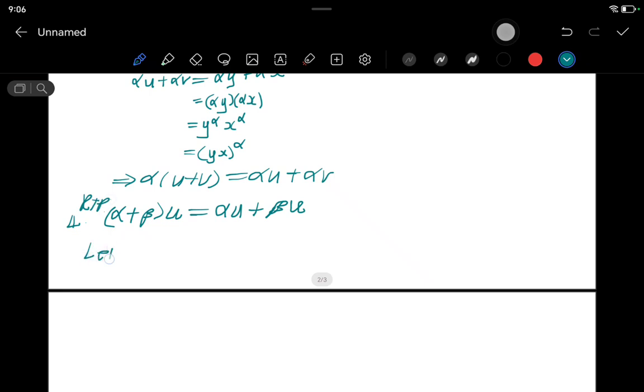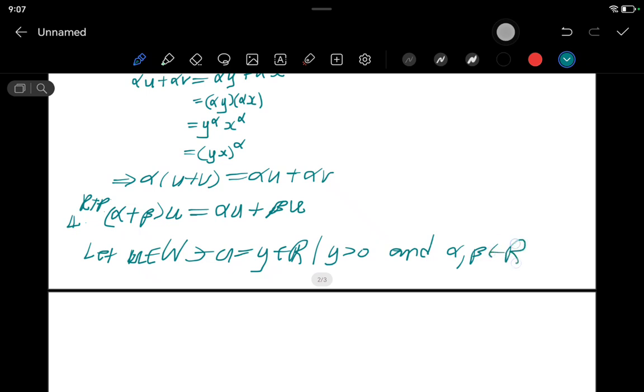Then now I must let one vector be an element of W, and choose two scalars, such that u is equal to Y, Y an element of R such that Y is greater than 0, and I pick two scalars, alpha, beta, elements of R. Then if I take the left hand side, which one do you think I'm going to do first?